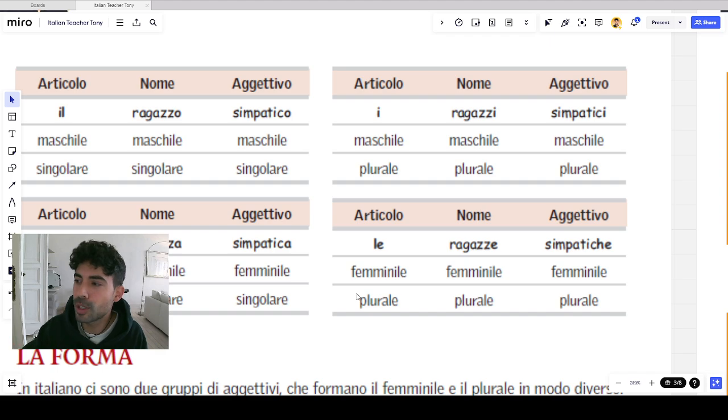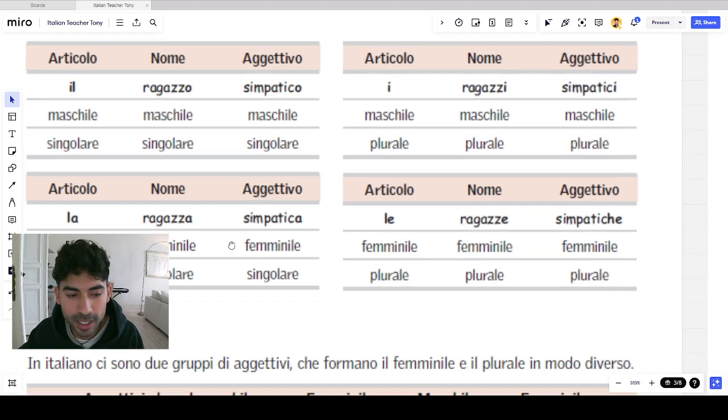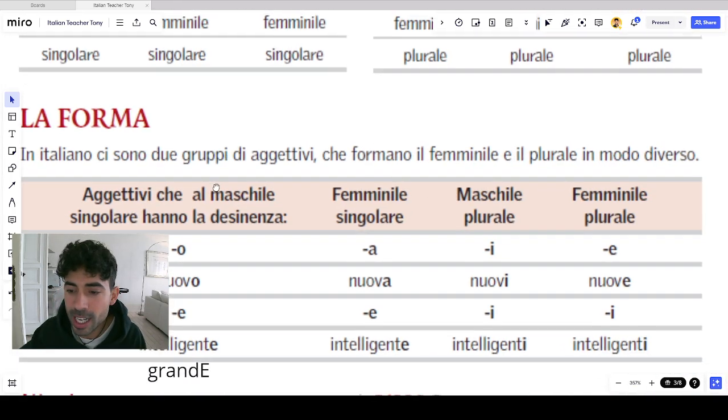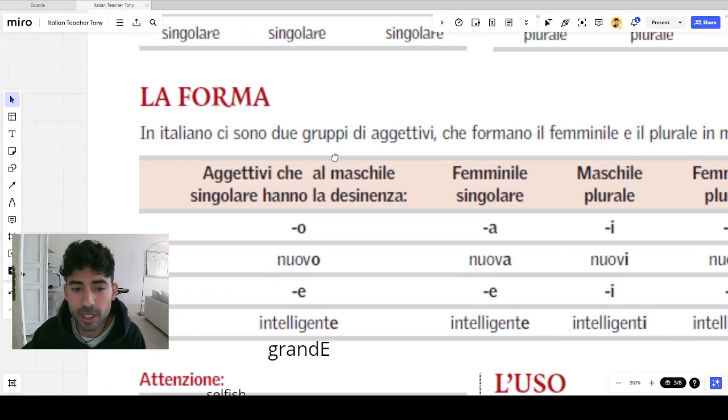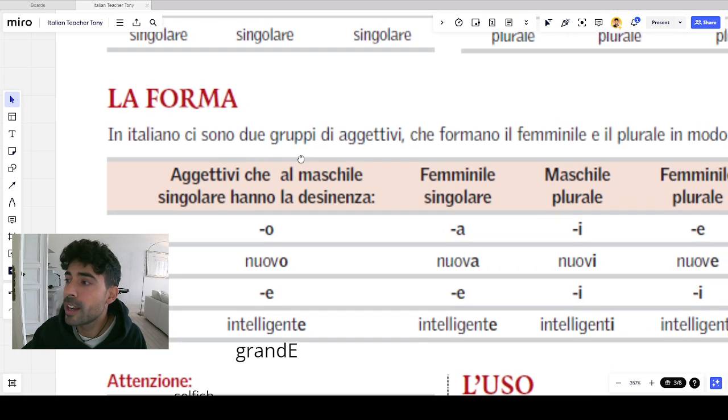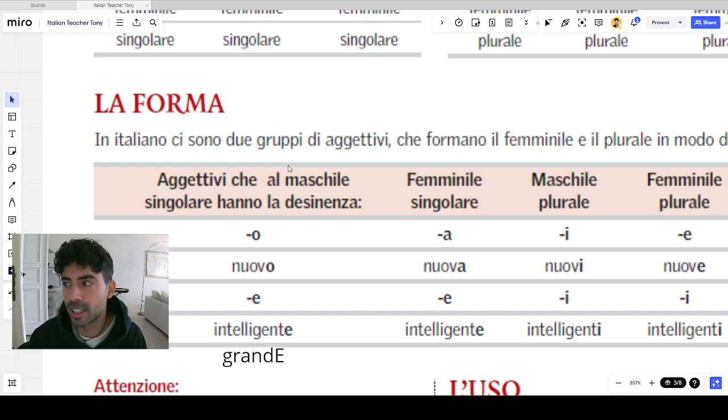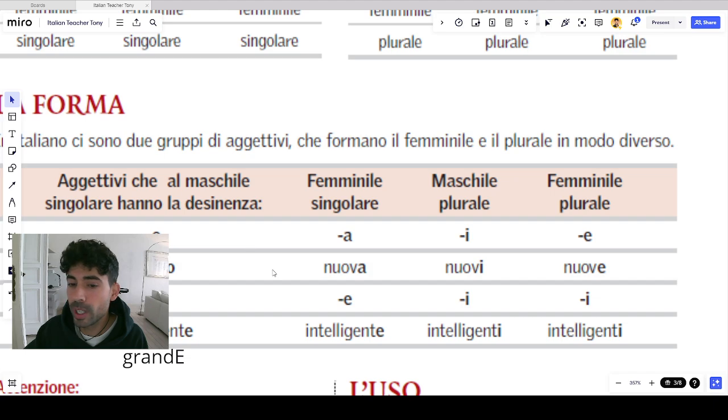Now, let's have a look at the general rule to form all the declination and conjugation in Italian. The general rule is that when you have a noun or an adjective that at the singular masculine ends in O, for example nuovo, then you will have to change the ending following this chart for the feminine singular, masculine plural, and feminine plural.